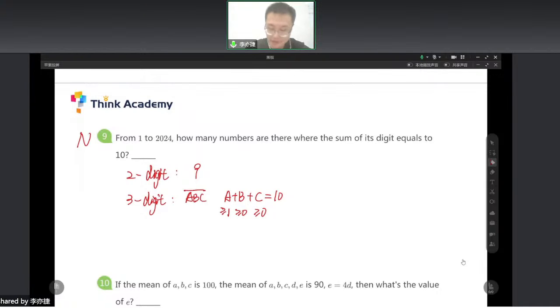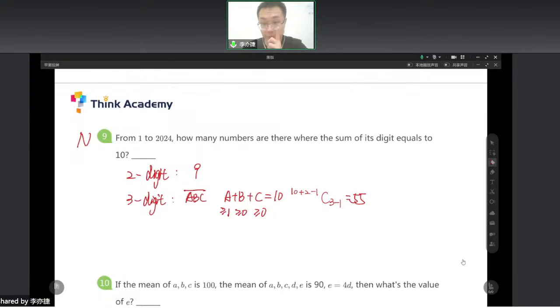So first we lend 2 for B and C. Then we divide the 12 into 3 parts, each at least 1. So we have 11 intervals to plug in 2 plates. The answer would be 11 choose 2, which is 55.